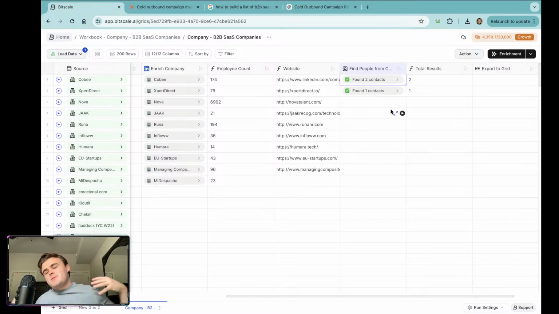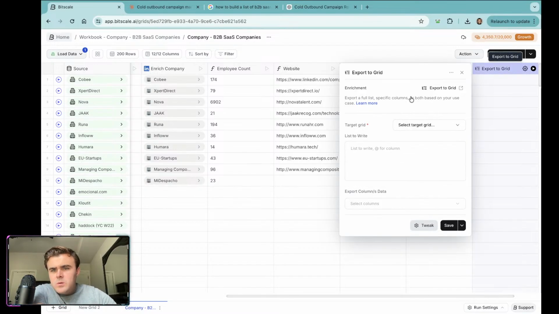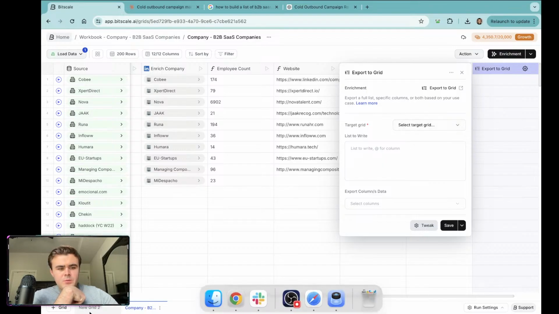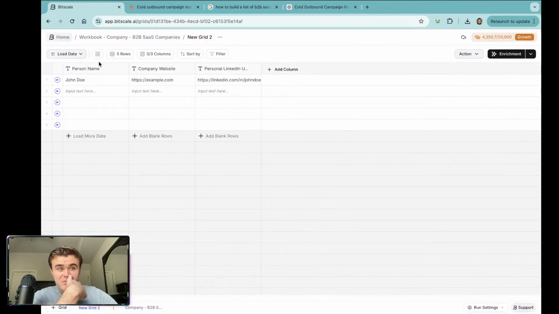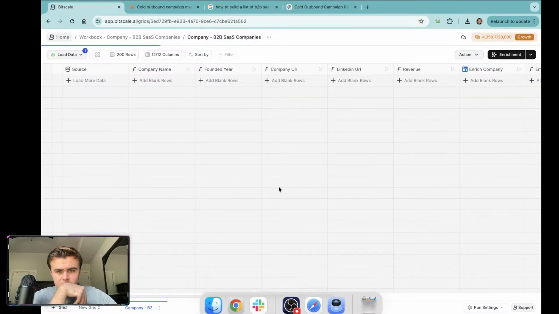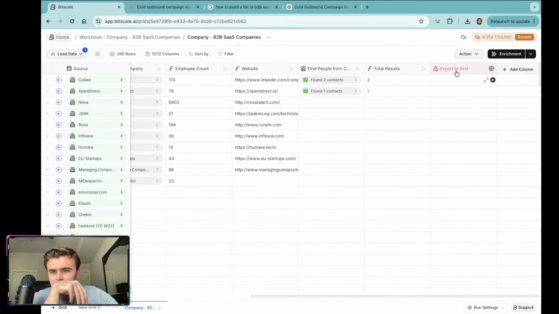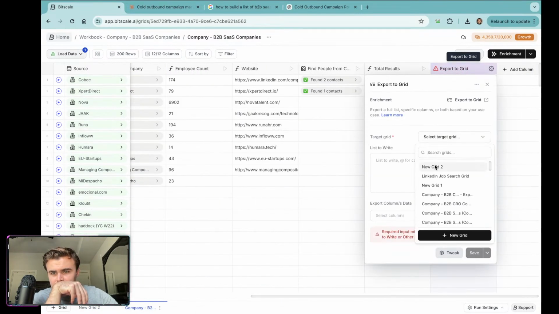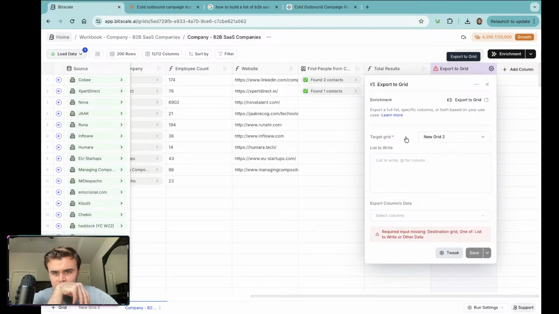We're gonna have to export these people that we're finding to a new grid, a target grid. Let's do a new grid 2, I guess. I should kind of name this grid, but I don't really feel like it right now. So export to grid, new grid 2.